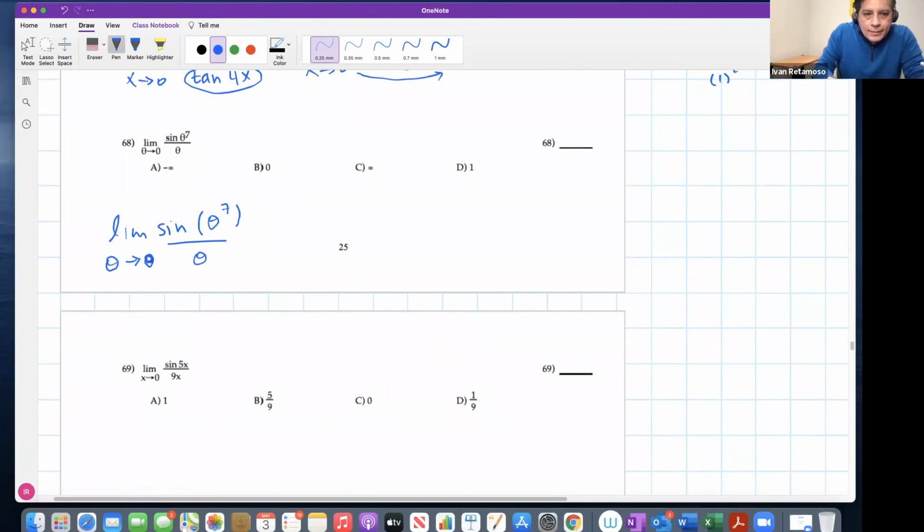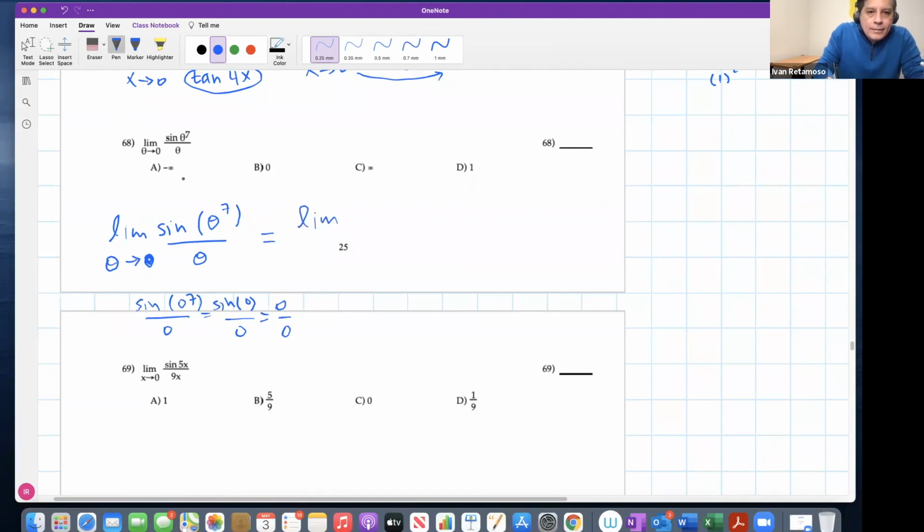If you substitute directly, you will get sine of 0 to the 7, which is just sine of 0, over 0, so 0 over 0, right? Undefined. But L'Hopital says, don't panic, just do this.